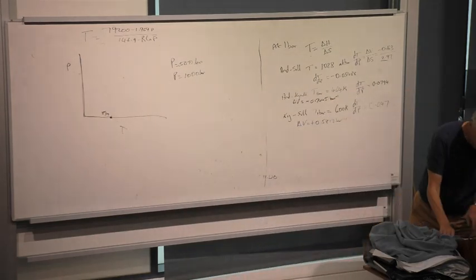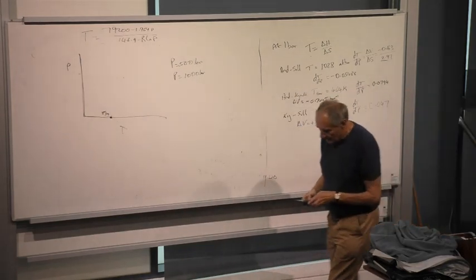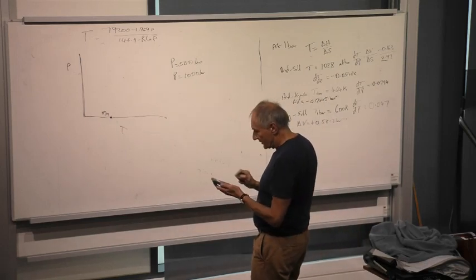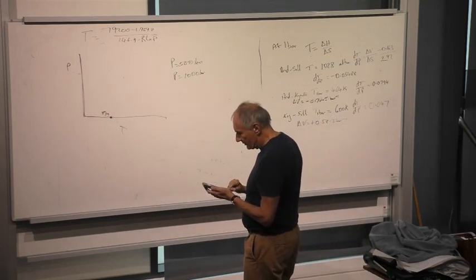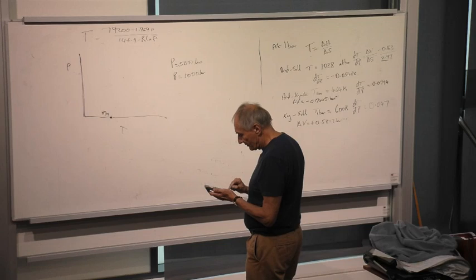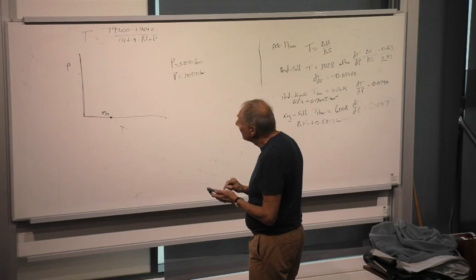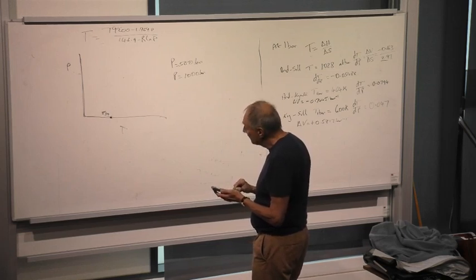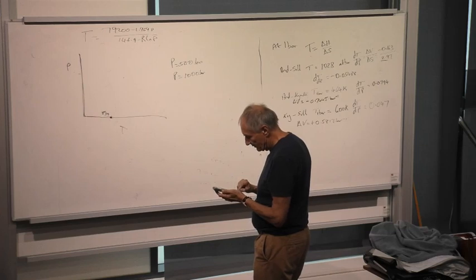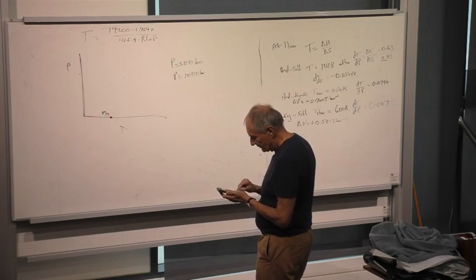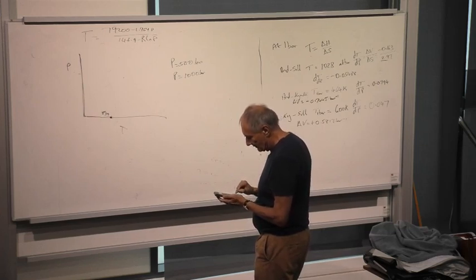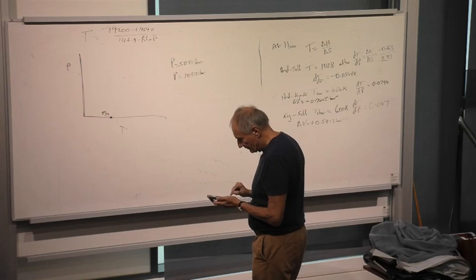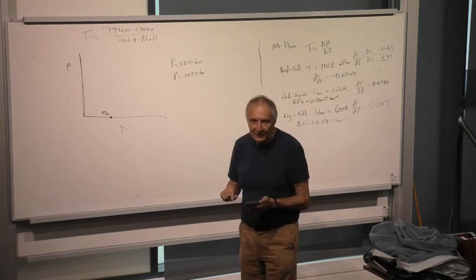So 500 bars. Put in, so that's 79200 minus 821.